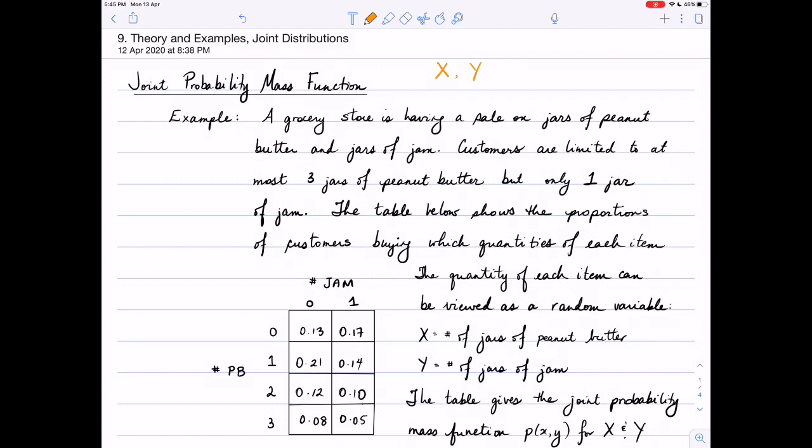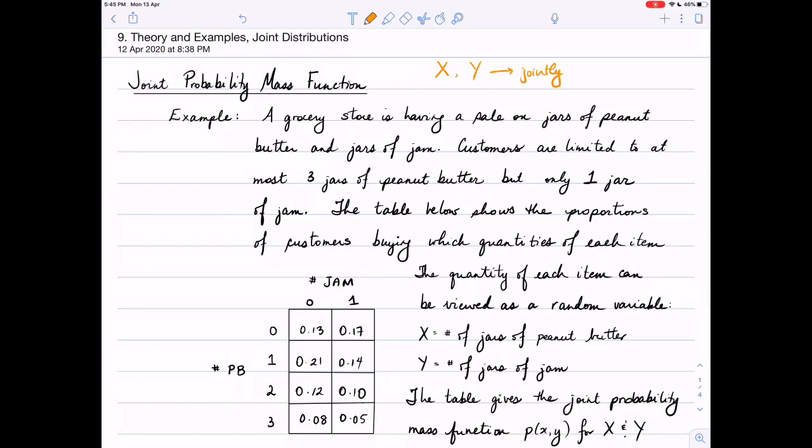So we want to study them jointly. And this is just the tip of the iceberg about measures of joint probability.